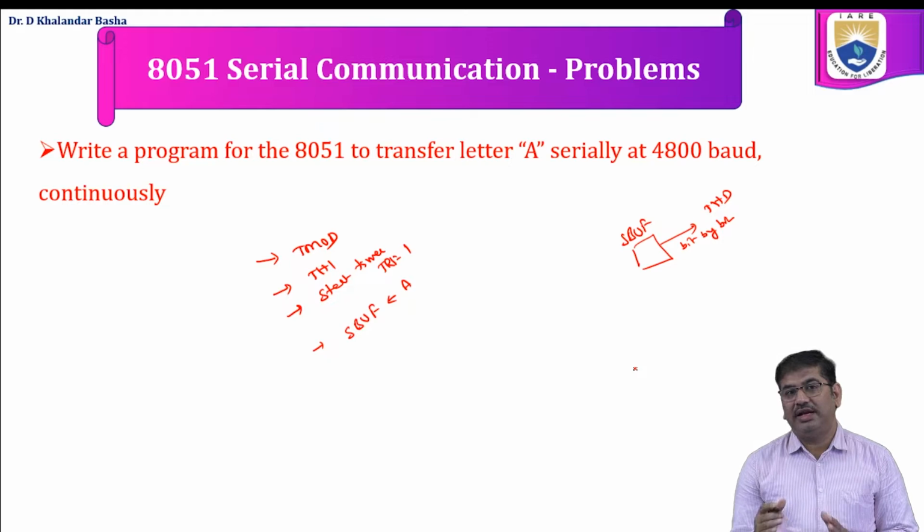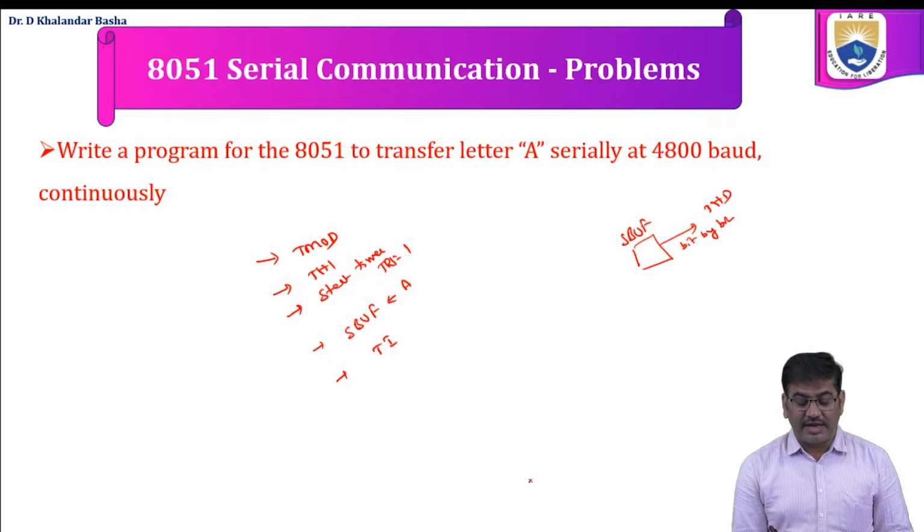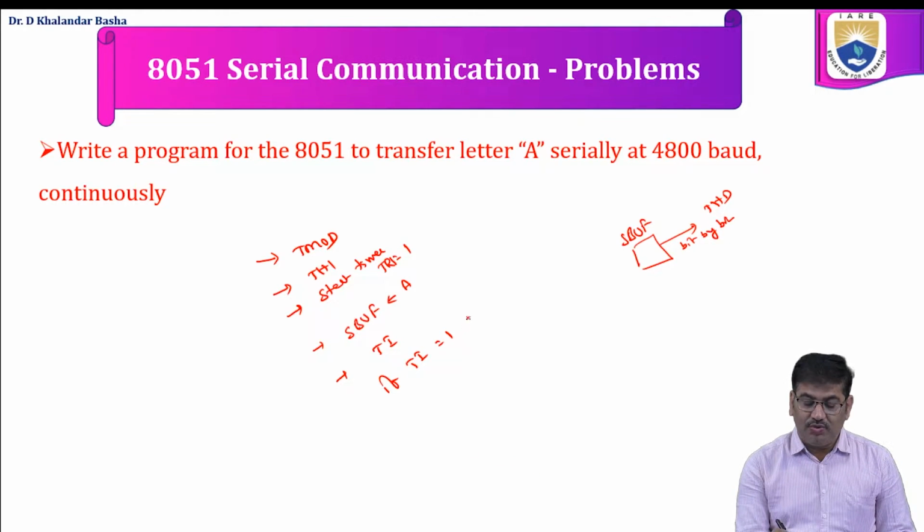Once all the data is transmitted, we can ensure the completion of the transmission using the TI bit, the transmit interrupt. If TI is equal to 1, it indicates the transmission is done. If TI is equal to 0, transmission is still in progress.